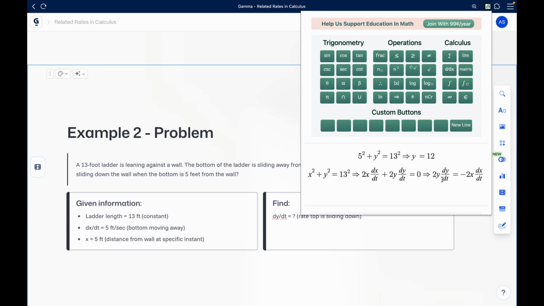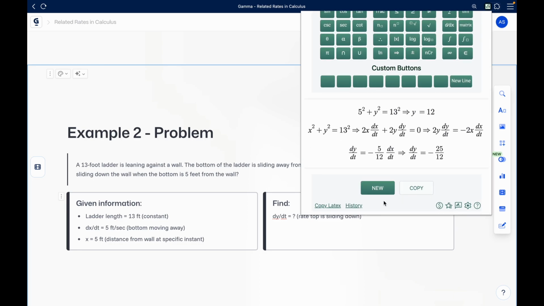Then, since y is equal to 12 and x is equal to 5, we get dy/dt is equal to negative 5 over 12 multiplied by dx/dt. And dx/dt is equal to 5 feet per second, so we have dy/dt is equal to negative 25/12, because negative 5/12 multiplied by 5 is equal to negative 25/12.